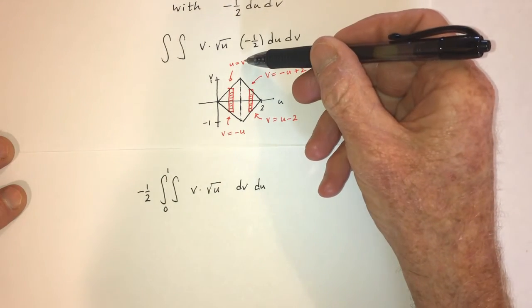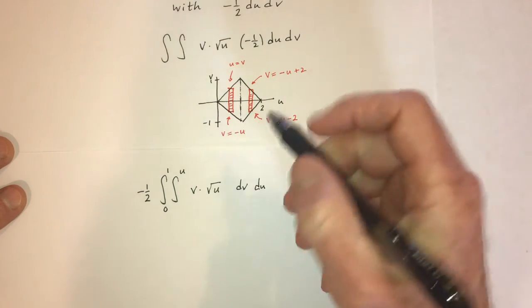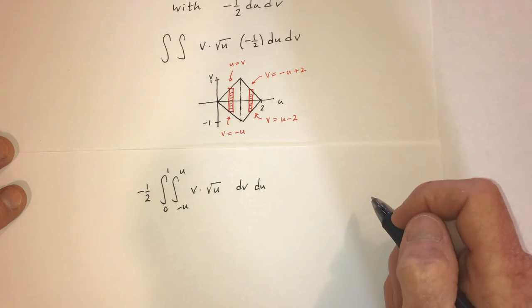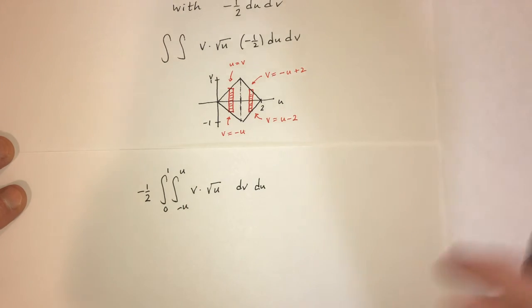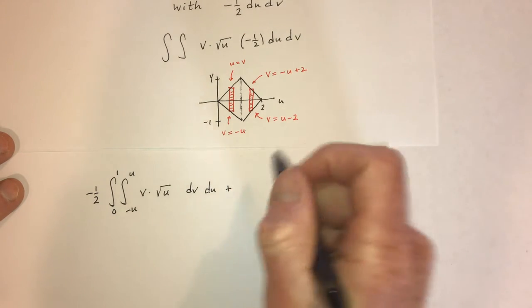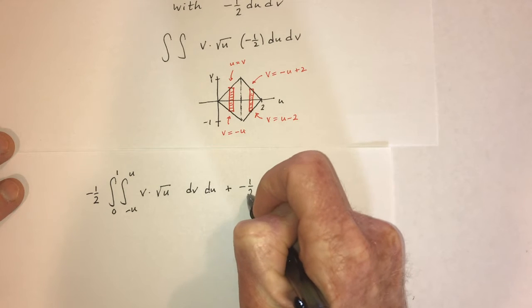And then the v, so at the top, v is equal to u, and at the bottom, v is equal to negative u. All right, then add on this side. So again, you could factor out the negative 1/2.